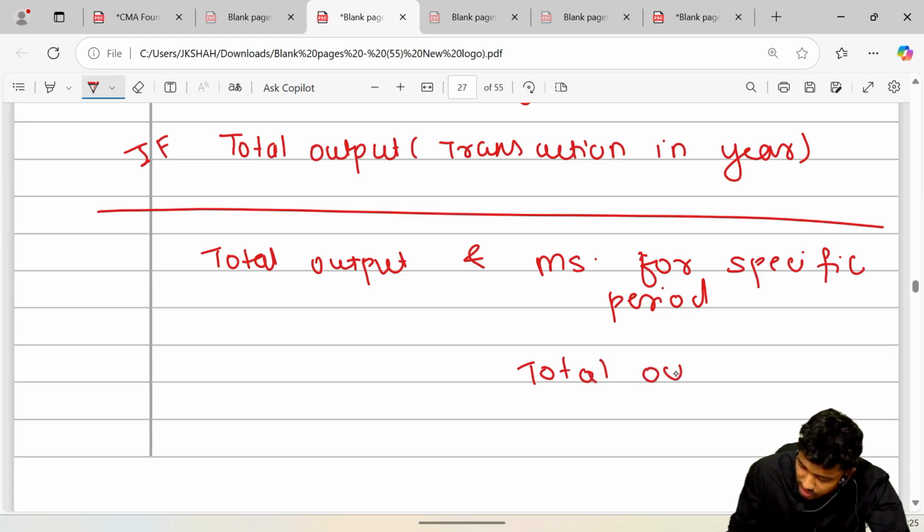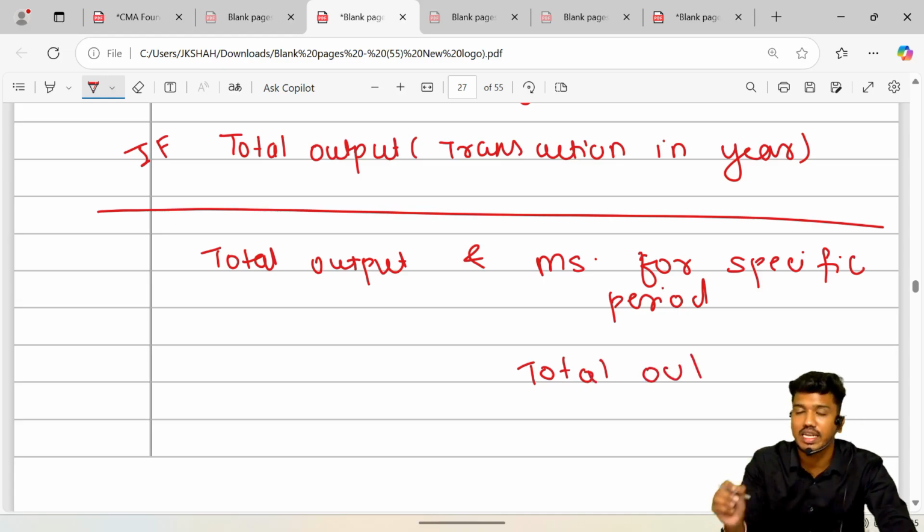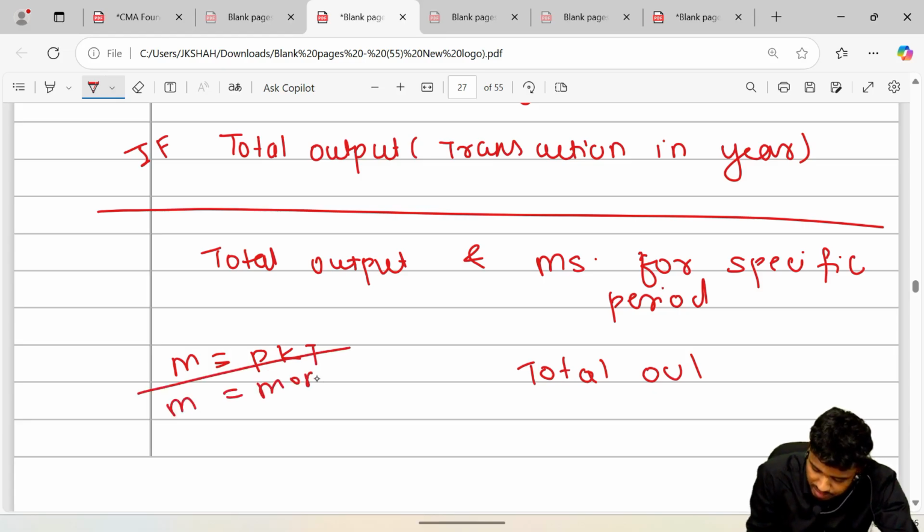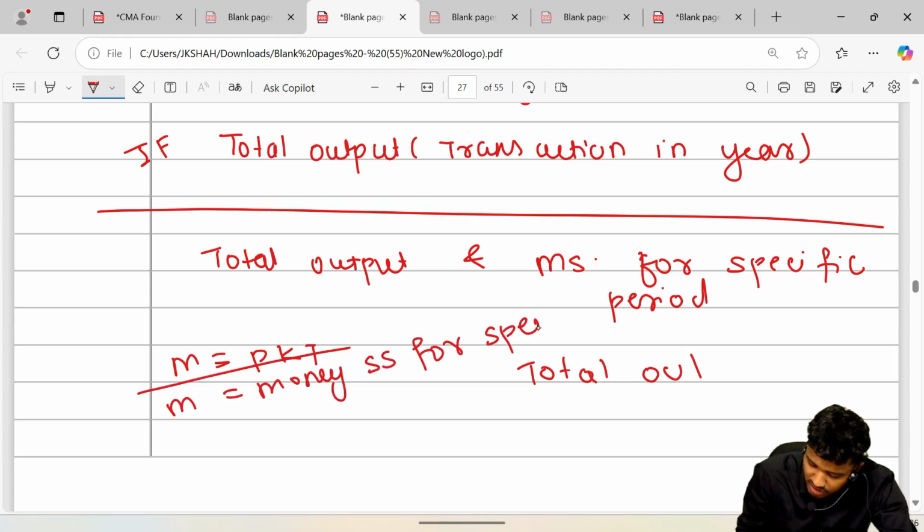Right? Here they have mentioned clearly money supply, that is M is equal to PKT, whereas M is equal to money supply for a specific period.